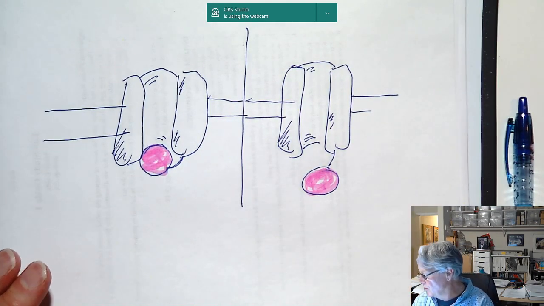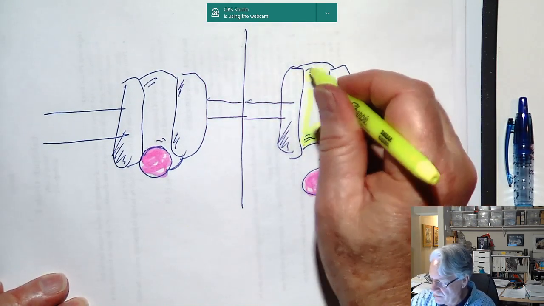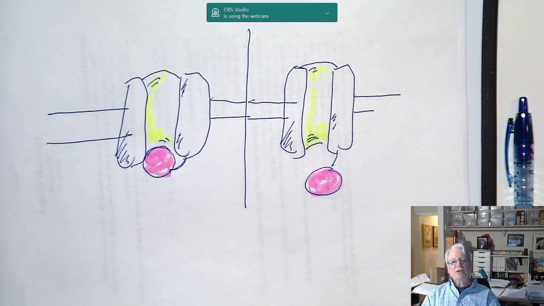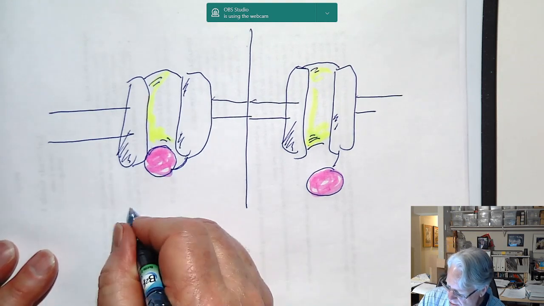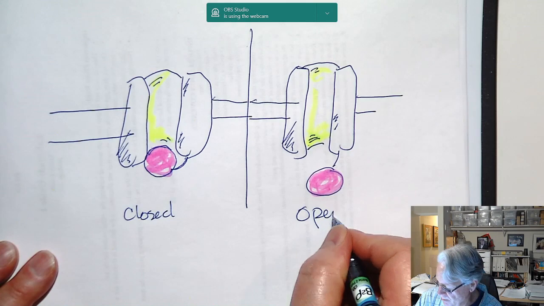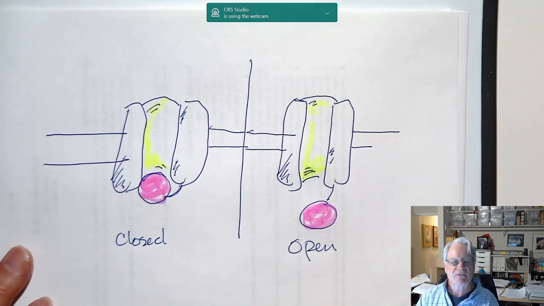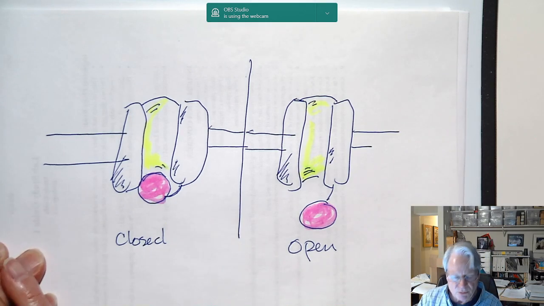Just because I can, I'm going to get my artistic mode happening here. So this is closed, and this is open. Why that one is closed and why that one is open is the question that we have. And the answer is, in this case, we're going to stipulate the following.